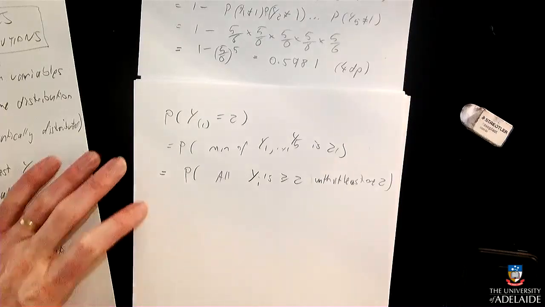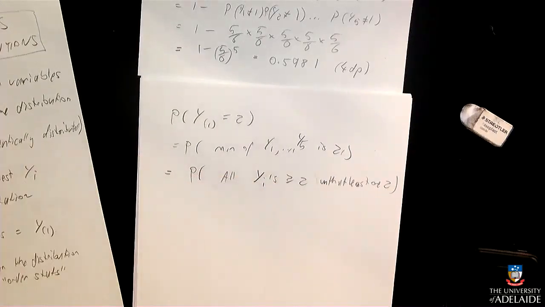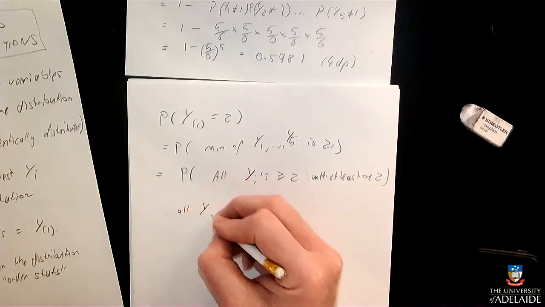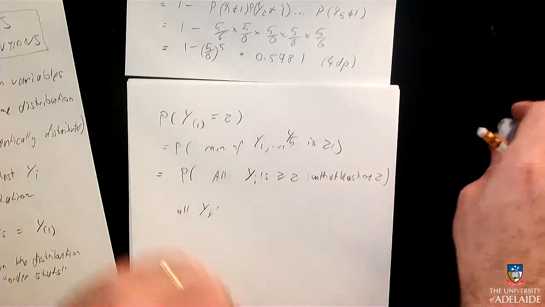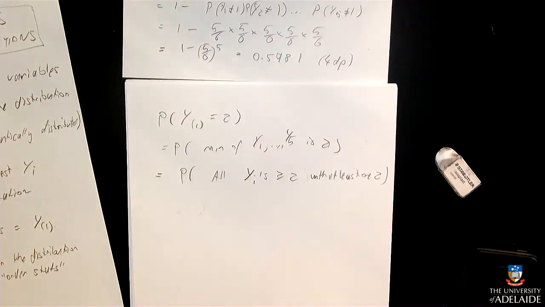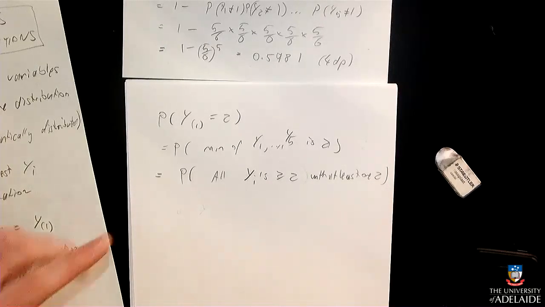So just a second. We already know how many ways there are for the minimum to be 1. So if the minimum was 1 or 2, the opposite of that is everything being more than 2, or being 3 or more.